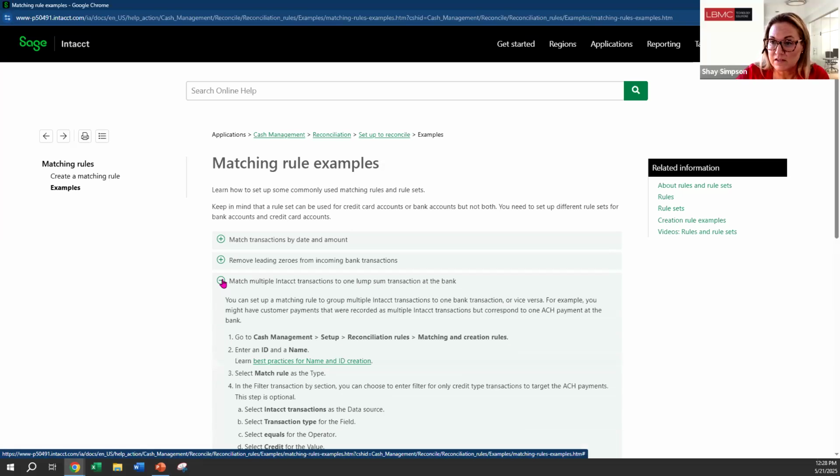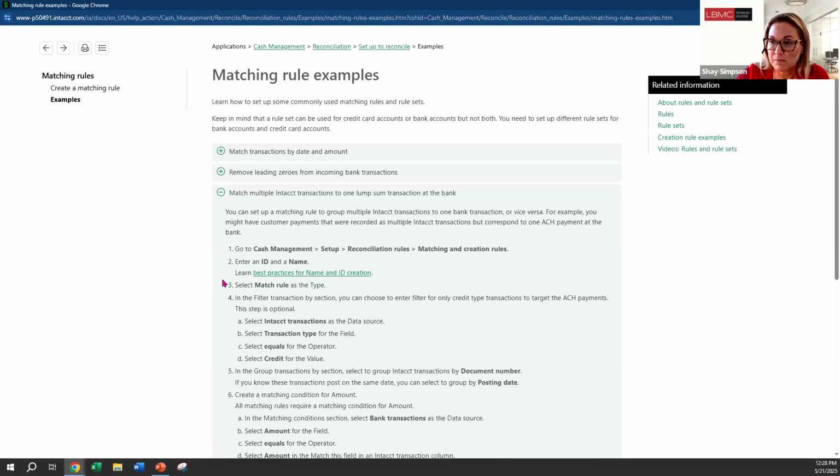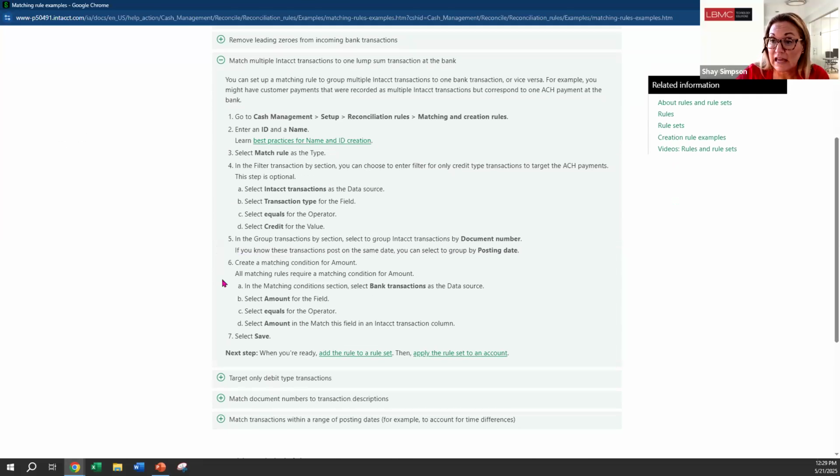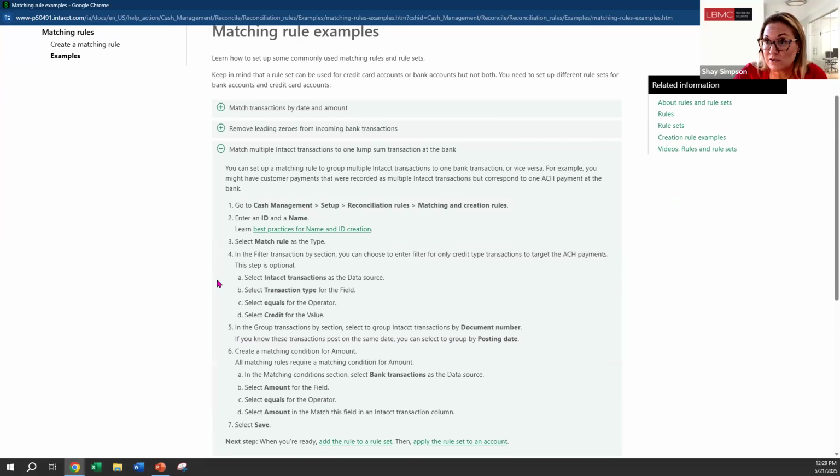If I expand this, it literally gives me step-by-step instructions on how to completely set this up. So you don't even have to leverage LBMC or anyone with LBMC to do this yourself.